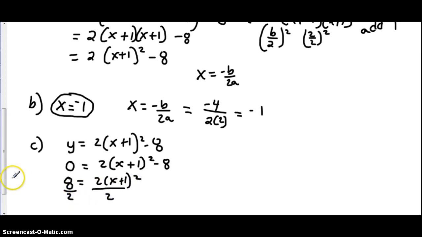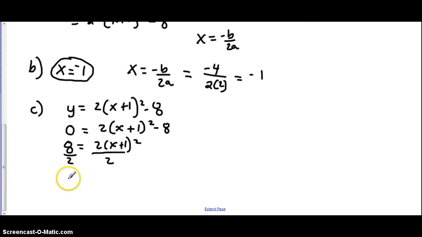So we get 4 equals x plus 1 squared. We're still solving for x. We're going to take the square root of both sides. So this is plus or minus 2. The square root of 4 could be 2 or negative 2.